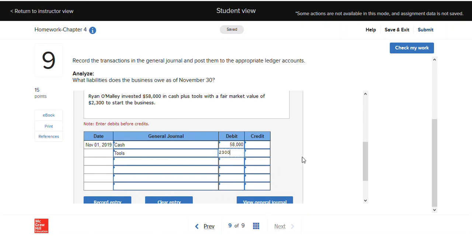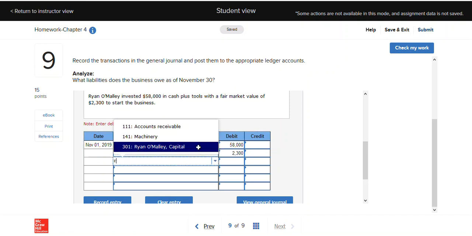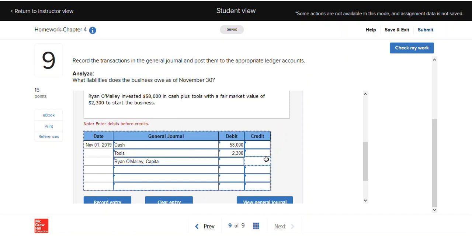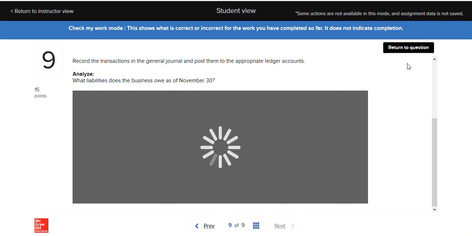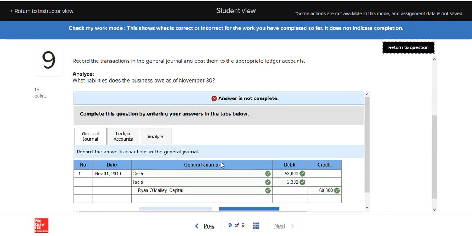So now the company has cash plus $2,300 in tools, and what he gets in exchange is capital. To figure out the capital amount, debits equal credits, so we just add those together. That would be $60,300, I think. All right, so it's going to look like that.